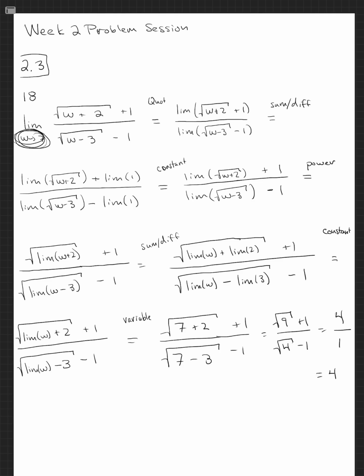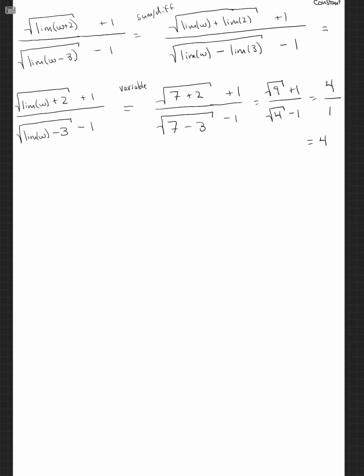So that was pretty much breaking it down. I really only did multiple things at a time when they were the same type of rule, like the sum difference rule. But we can skip a little bit, right?